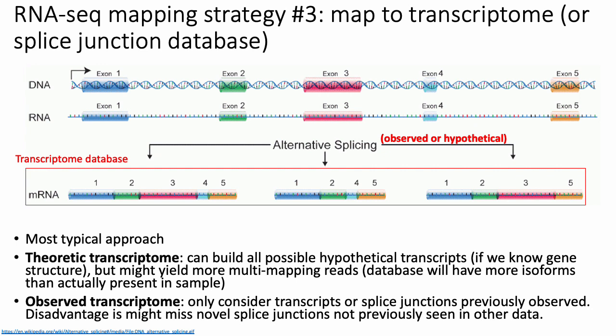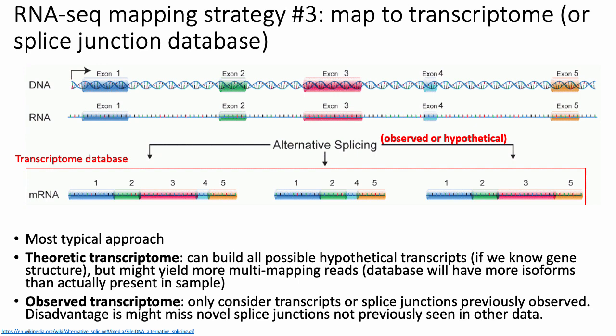And so the advantage of the theoretic transcriptome-based approach is that you don't need to rely on someone having done deep RNA sequencing of your tissue or cell types before. Furthermore, even if someone has done RNA-seq experiments before on your sample of interest, they may not have been able to characterize all the different isoforms that were expressed.